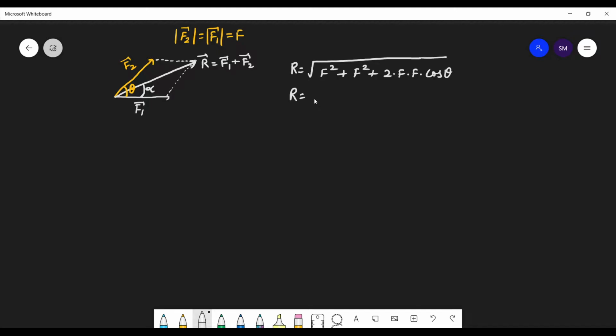And that can further be written as root of 2F square plus 2F square cos theta.